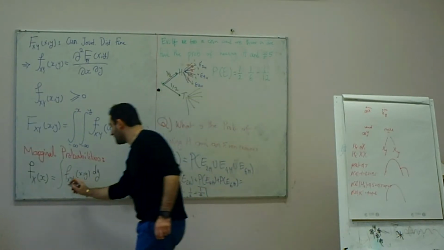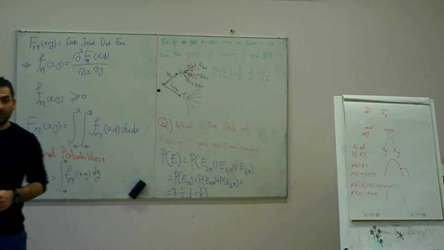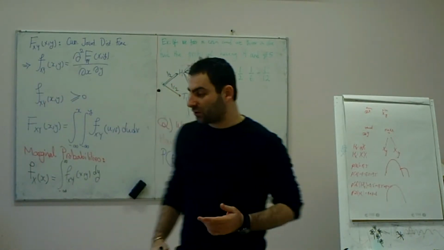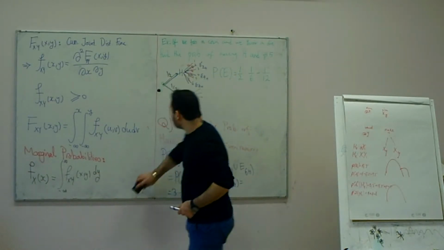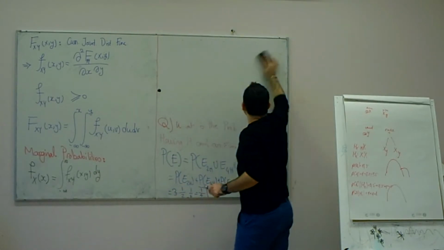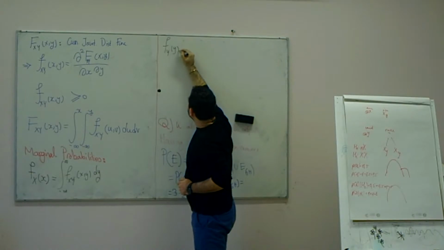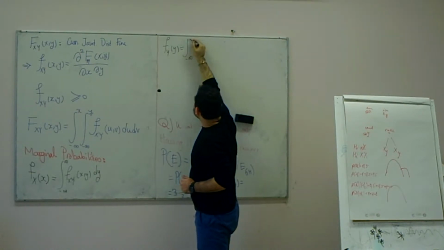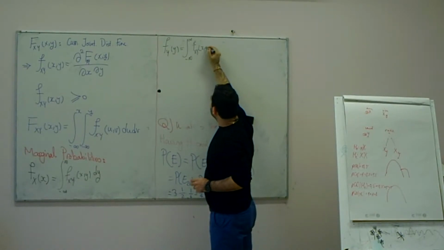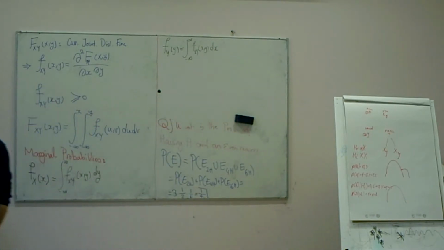Minus infinity to plus infinity, because y is one of the random variables and the integral from minus infinity to plus infinity should be 1. So this is how I get the marginal probability for x. And I am sure you can guess how it will be for f of y, which is the integral from minus infinity to plus infinity of f of x and y dx. This time I have to integrate over x.